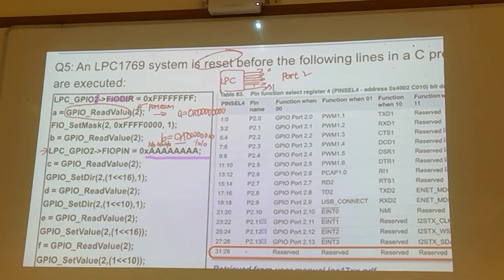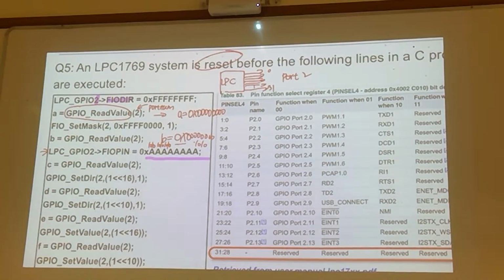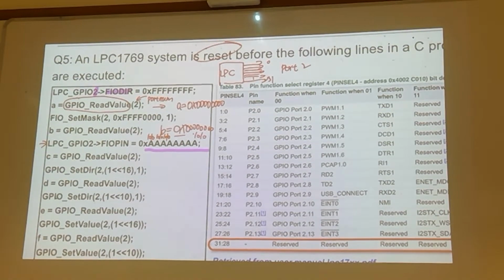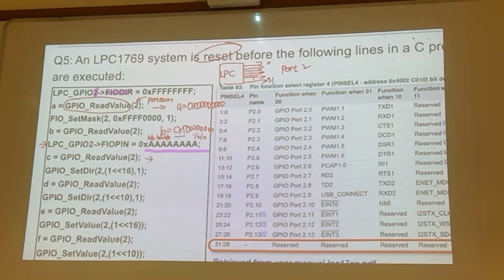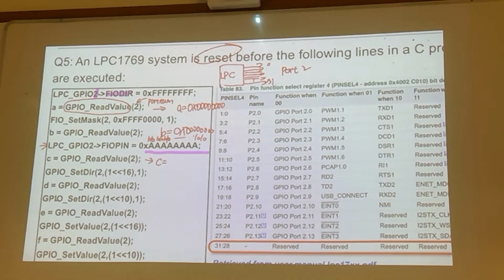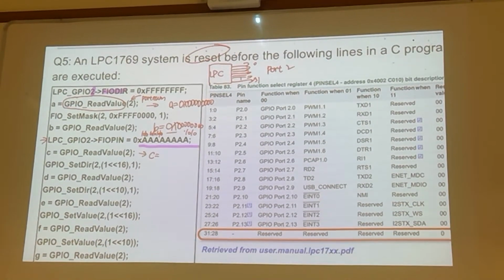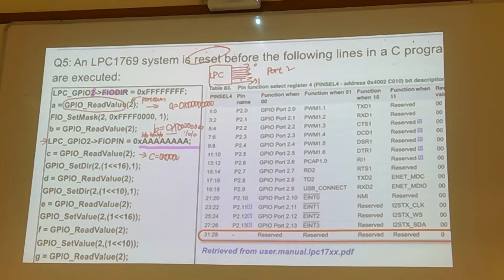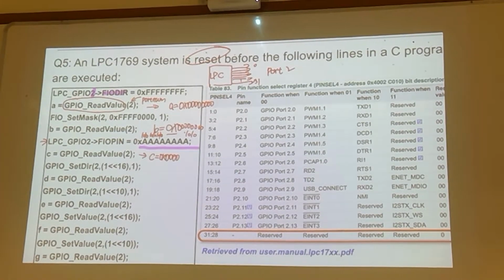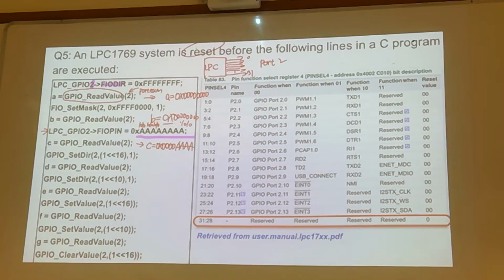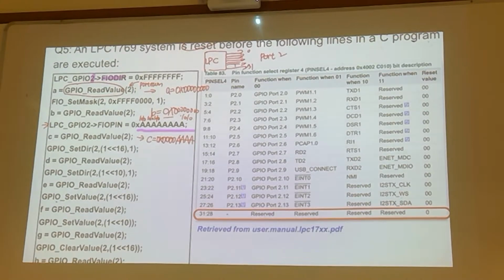You cannot modify them, right? Then what do you get here? C equals to 0. Upper half. 0 0 0 0. That is C.